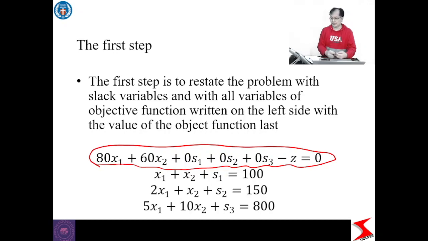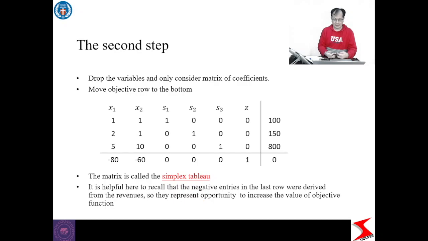And for the constraints, we try to make the inequality become an equality equation with the slack variables s1, s2, and s3. And the second step, we try to build a simplex table. And we move the objective function to the bottom.